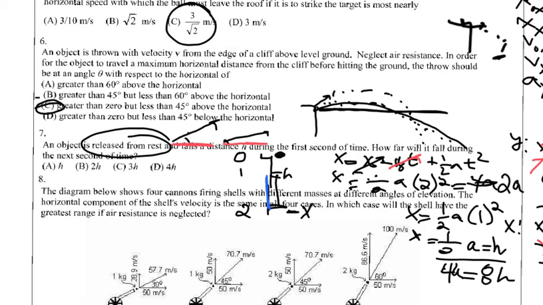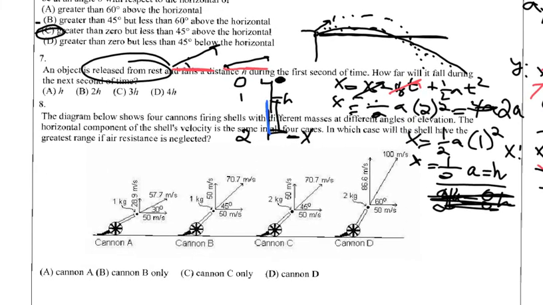So we have 2a is equal to 4h. We know that's the total distance fallen, and the difference between 4h and h is, of course, 3h, which is option C.